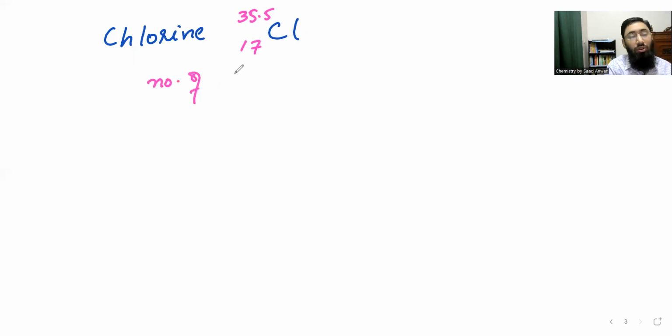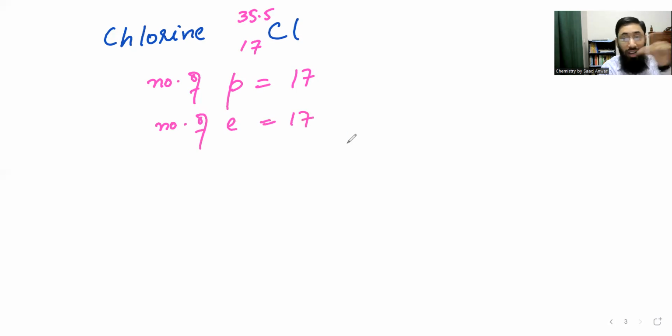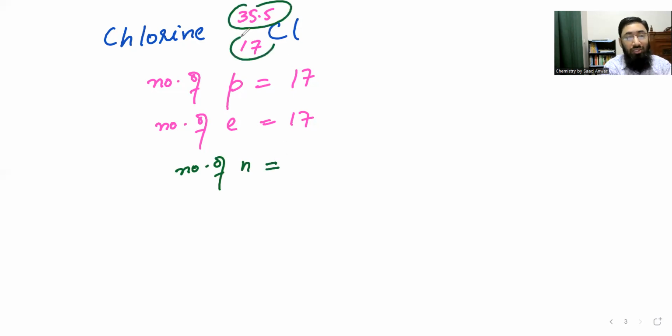The number of protons is 17. The number of electrons is again 17, because the number of protons is always equal to the number of electrons. So what about the number of neutrons? The trick is, this is the bigger number, this is the smaller number. From the bigger number, we subtract the smaller number and we get the number of neutrons.